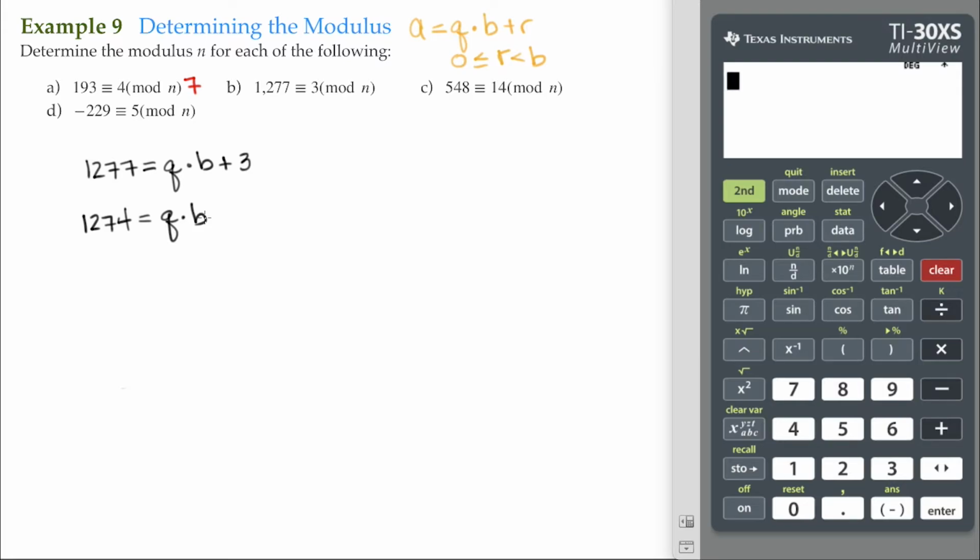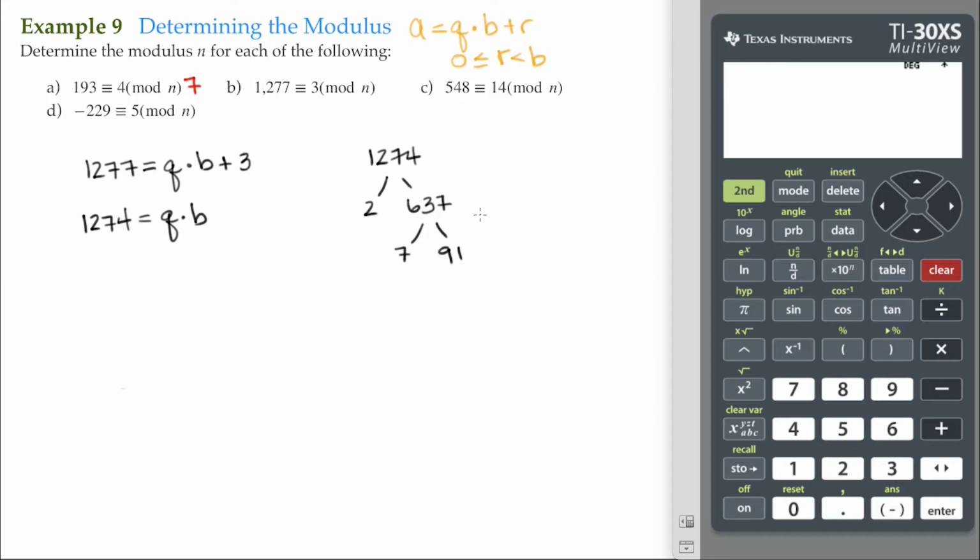We'll use prime factorization, 1,274. That's 2 times 637. And 7 times 91. And I think we got them all. 91 is a prime number.